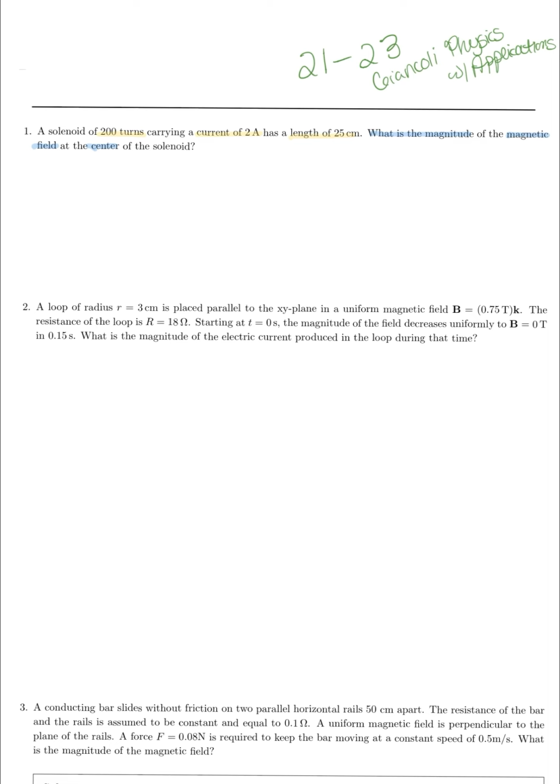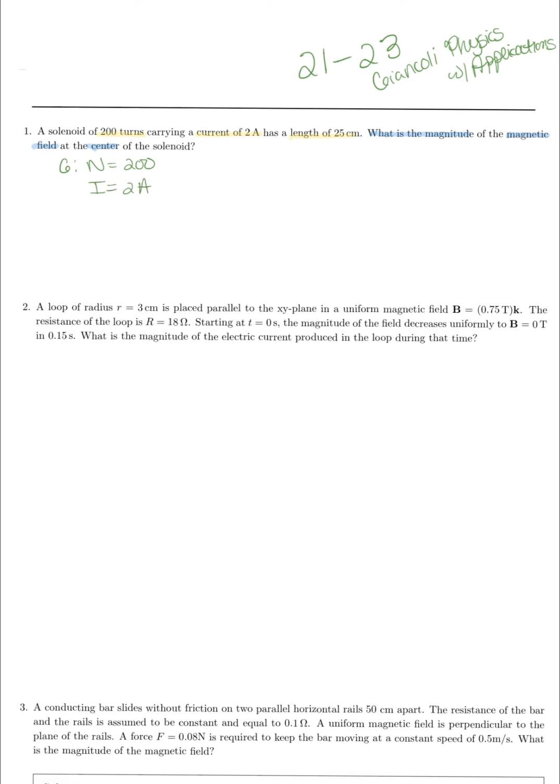Okay, I recommend that when you're taking your classes, you write down every single one of the formulas that you're given, because that's really going to come in handy here. So if we write down what we know, the solenoid has 200 turns. Well, if you remember from class, that's represented by N. So our N is 200, and we're carrying a current, which is represented by I, of 2 amps.